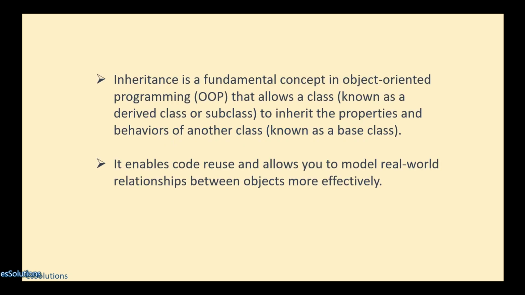So inheritance is a fundamental concept in OOP that allows a class, which is known as the child class, also called the derived class or subclass, to inherit the properties and the behaviors of another class. So following the example I had laid on the ground, if we have a base class called House, all of them will have what a house will have.